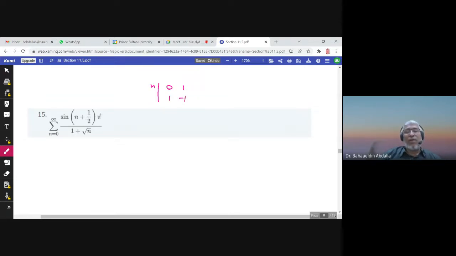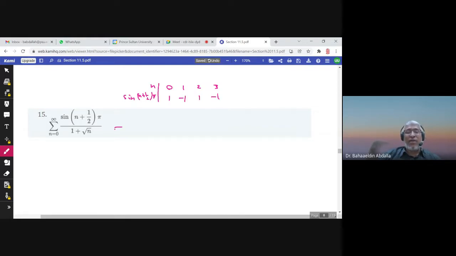Sine 3 over 2 pi is negative 1. Put 2. 5 pi over 2. You go back to pi over 2, which is 1. 3, negative 1. And you notice that sine of n plus half pi is alternating positive, negative, positive, negative.